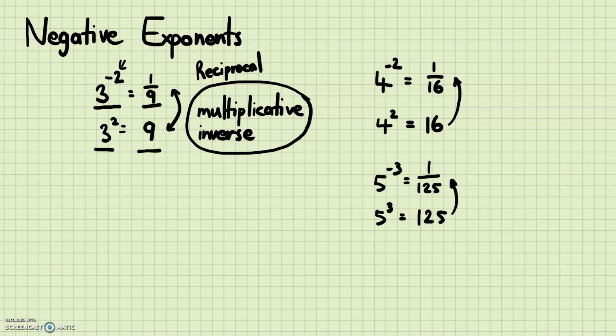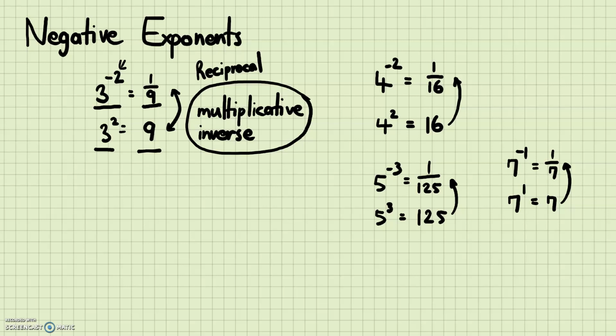How about 7 to the negative 1? Let's first evaluate the positive version of that, which is 7 to the 1st power, which is just 7. So 7 to the negative 1st power would be the reciprocal of 7, which is going to be 1/7. Okay, so when you have a negative power, think of the reciprocal or the multiplicative inverse.